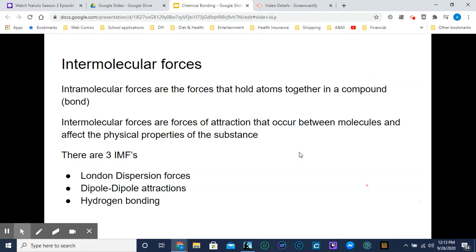So we saw when we were transitioning from solid to liquid to gas that the IMFs had to be broken to get the element to phase change. This also affects certain properties of these compounds. And so we're looking at three principal IMFs: London dispersion forces, dipole-dipole interactions, and hydrogen bonding.